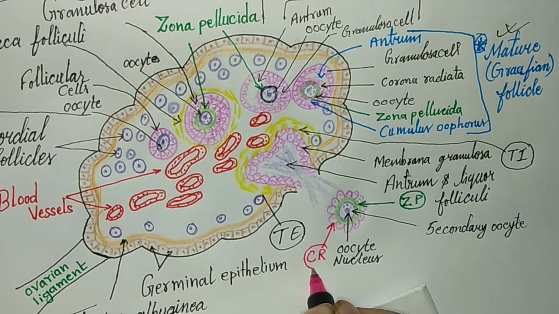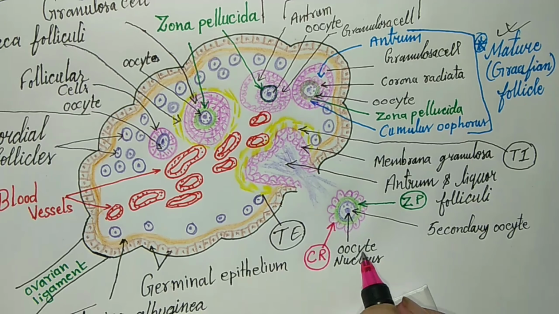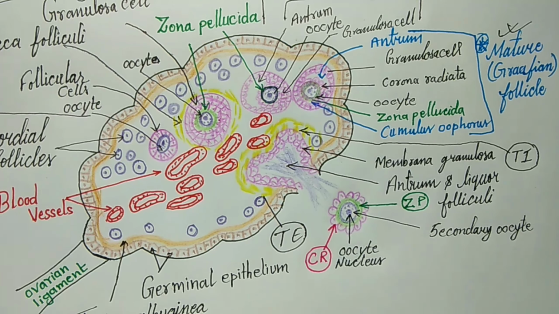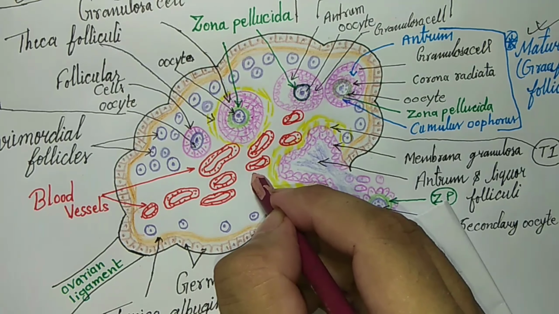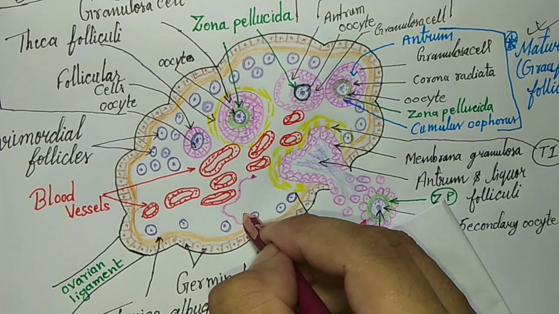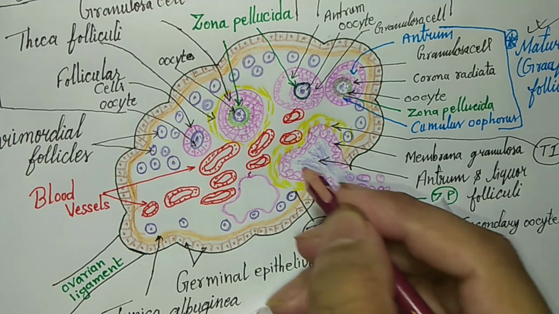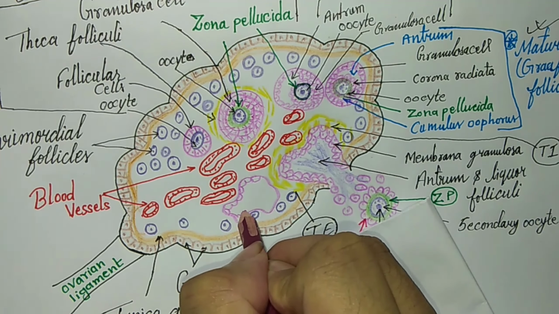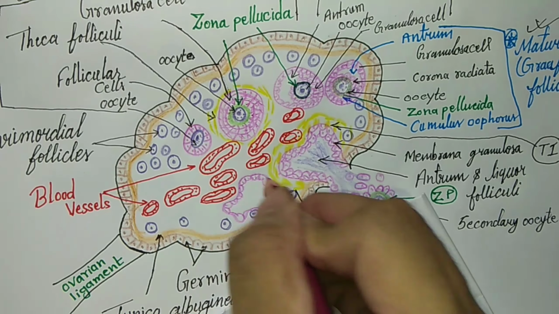CR means corona radiata, into the peritoneal cavity. This process is called ovulation. From the peritoneal cavity, the ovum is rapidly drawn into the uterine tube.